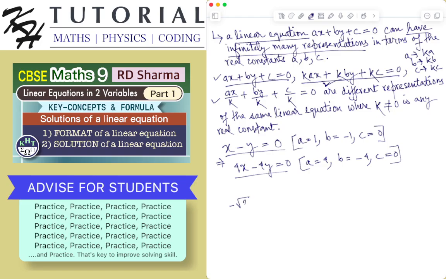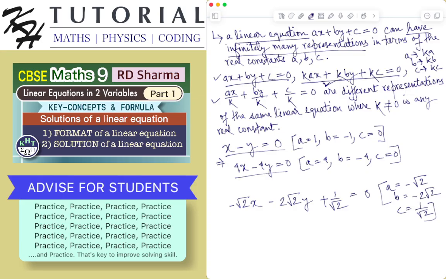Let's say I have minus root 2 x minus 2 root 2 y plus 1 by 2 root 2 is equal to 0. So this is a linear equation in x and y in the standard form, where a is negative root 2, b is minus 2 root 2, and c is 1 by 2 root 2.